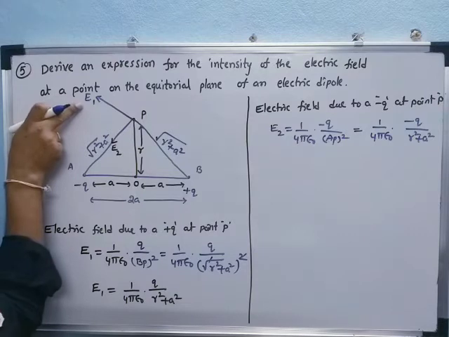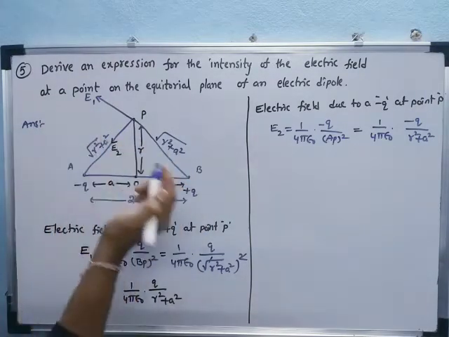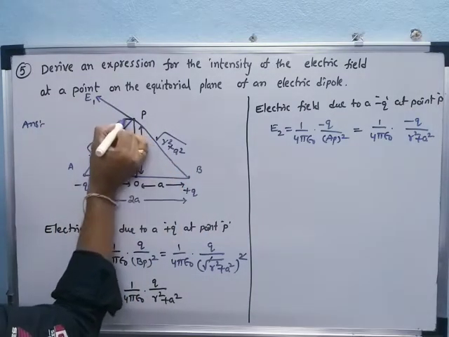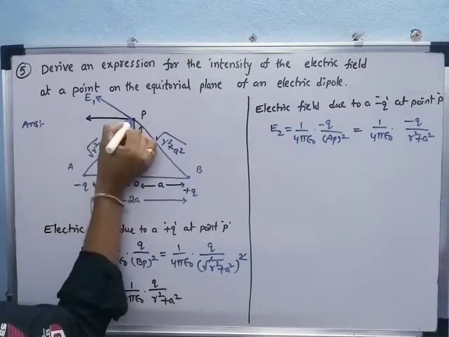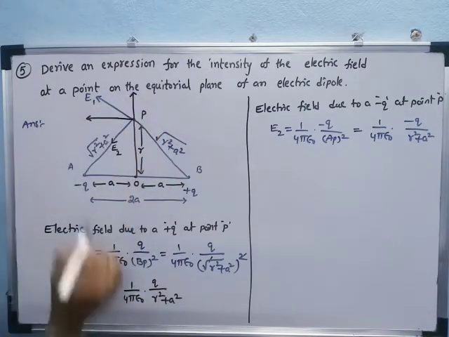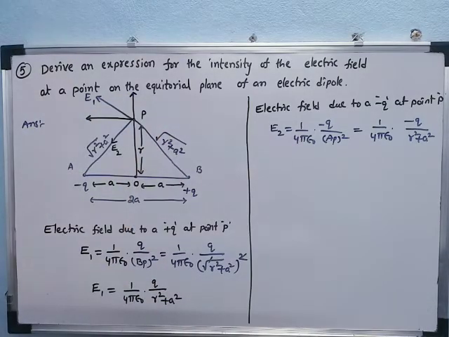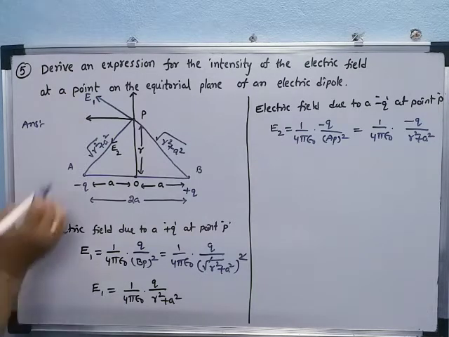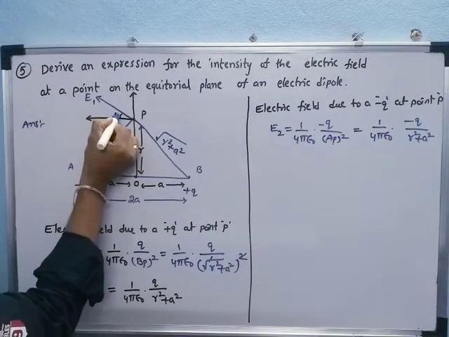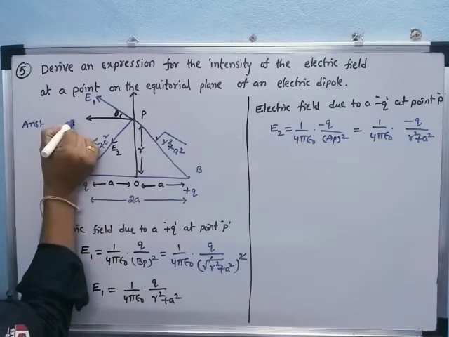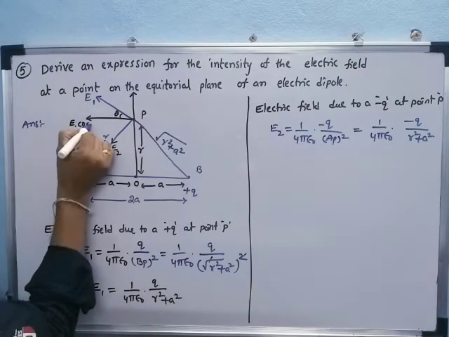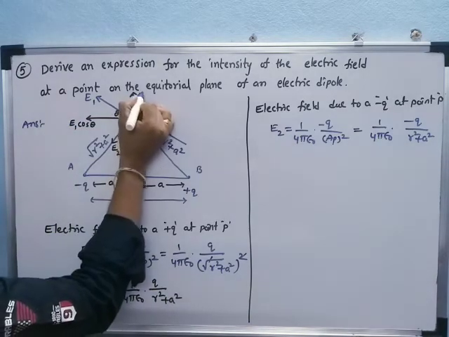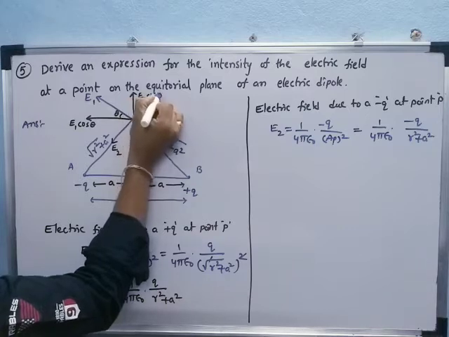Now this electric field E1 can be resolved into two rectangular components: one is the horizontal component, another one is the vertical component. This makes an angle theta. The horizontal component is E1 cos theta, and the vertical component is E1 sin theta.